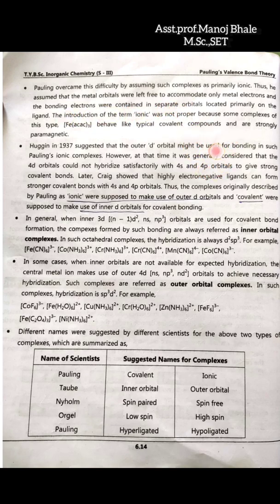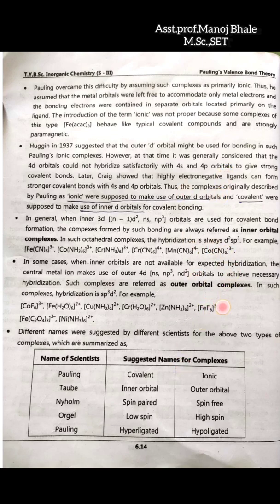Now Pauling gave some important things. We can easily determine the magnetic properties. Pauling gave an explanation regarding the formation of the inner orbital and outer orbital complex, with some examples.